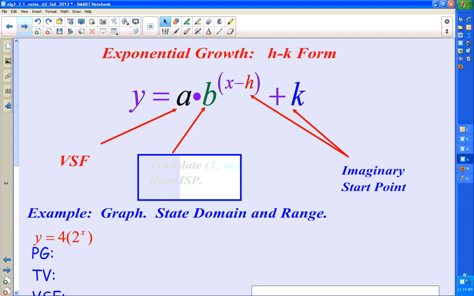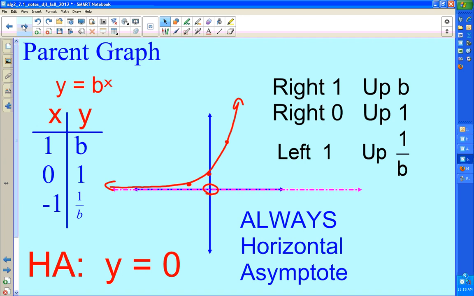And b, technically, is your growth factor. Okay, this might be kind of confusing. Mr. Stedman is using this (1, a times b) from your imaginary starting point. We're going to look at it more like this. Every parent graph that is exponential, y equals b to the power of x, we don't really care what b is.